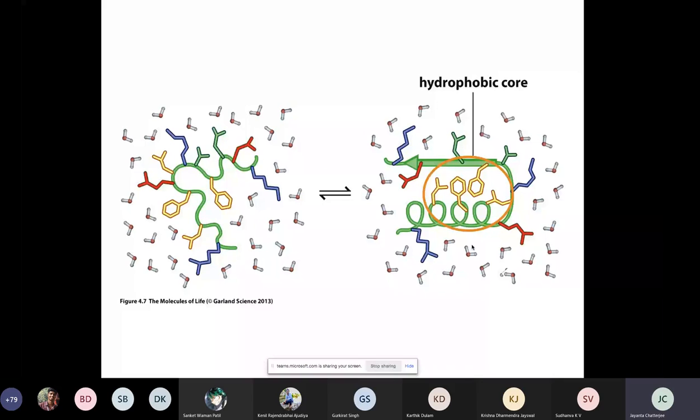To go to such complicated structures that proteins adopt, there are forces involved, like the ones we studied earlier: there are hydrogen bonds, ionic interactions, and hydrophobic interactions, simply put as van der Waals interactions.